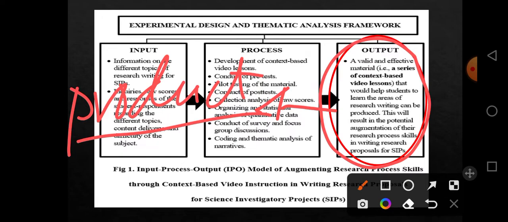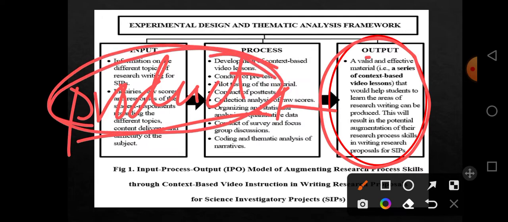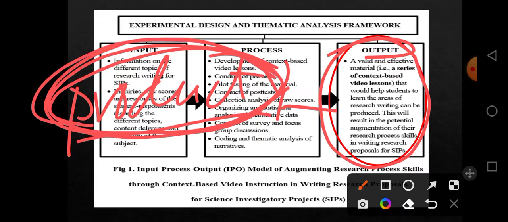Note here, class, that the output part of the IPO format does not only highlight the expected product of the study, it also highlights the significant contributions of this product.